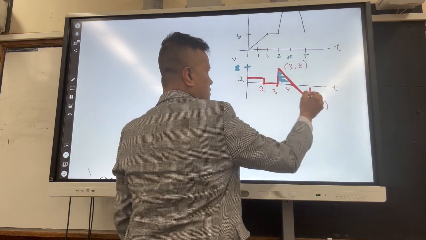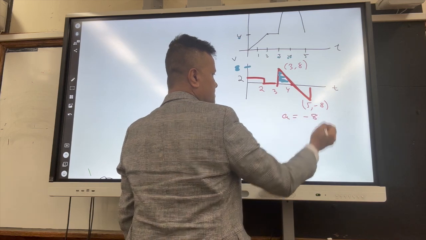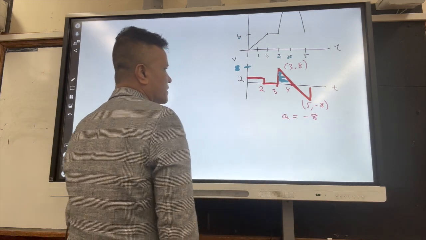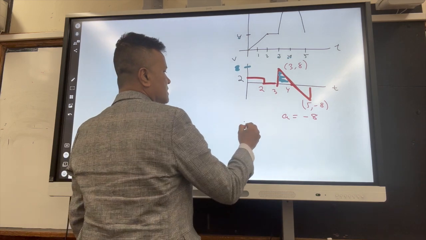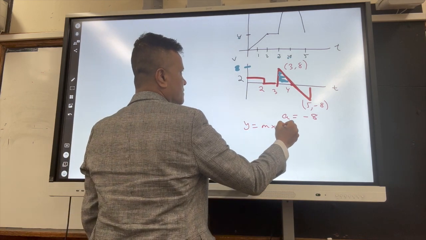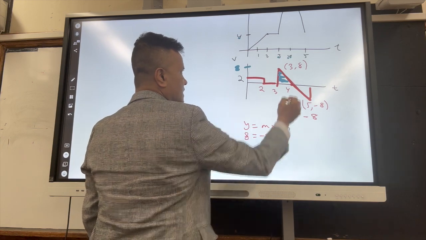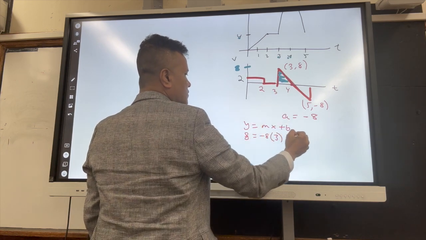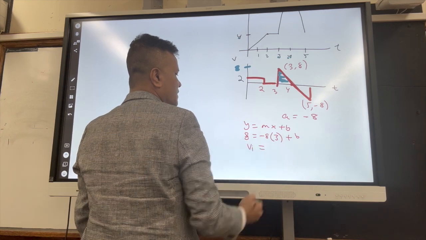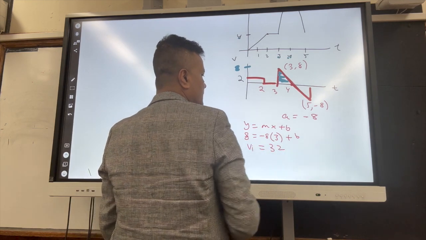So the slope of this one must be negative 8, by y2 minus y1 over x2 minus x1. Then y is equal to mx plus b. If you put 8 over here, the slope over here, and 3 over here, then you get the y-intercept, which we call the initial velocity, 32.